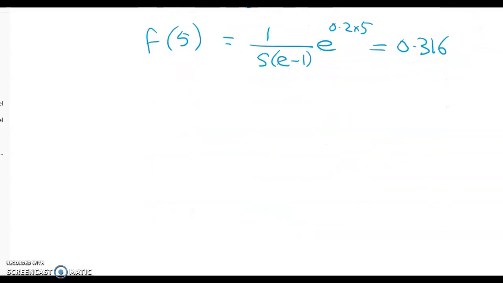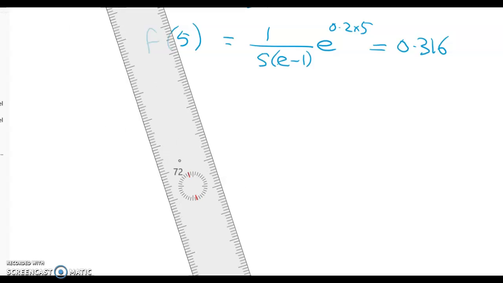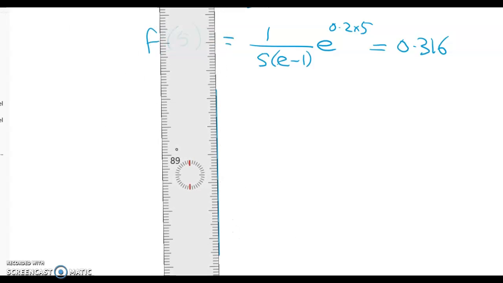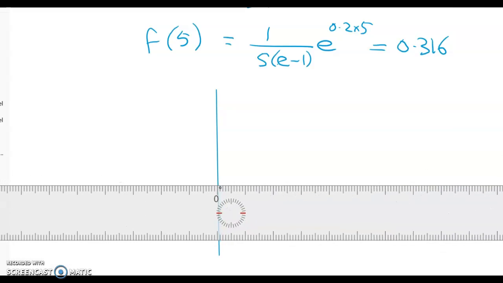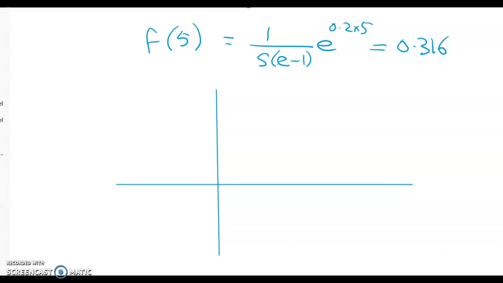So your graph needs to look something like this. Don't forget to take your ruler into the exam. Here's my starting point. So we're going to draw it up like that. But then on here, we're just going to show that it's 0 when we're not in those ranges.